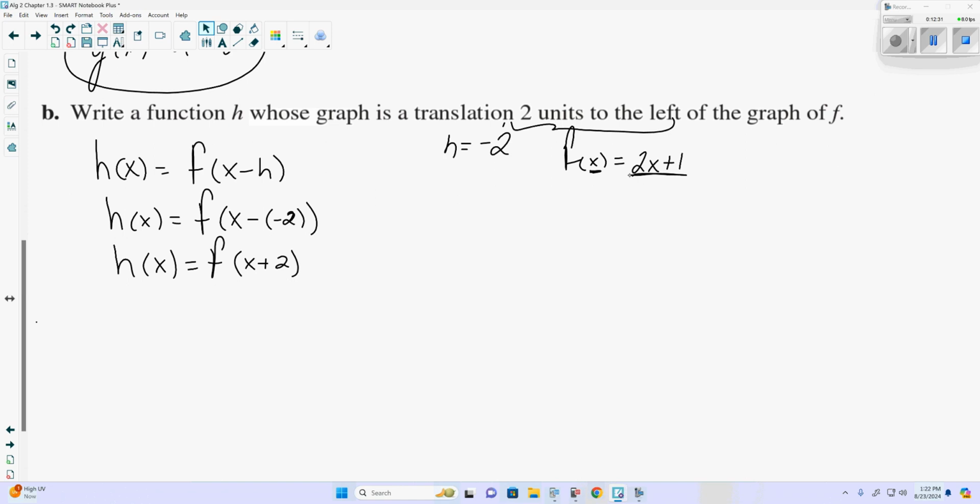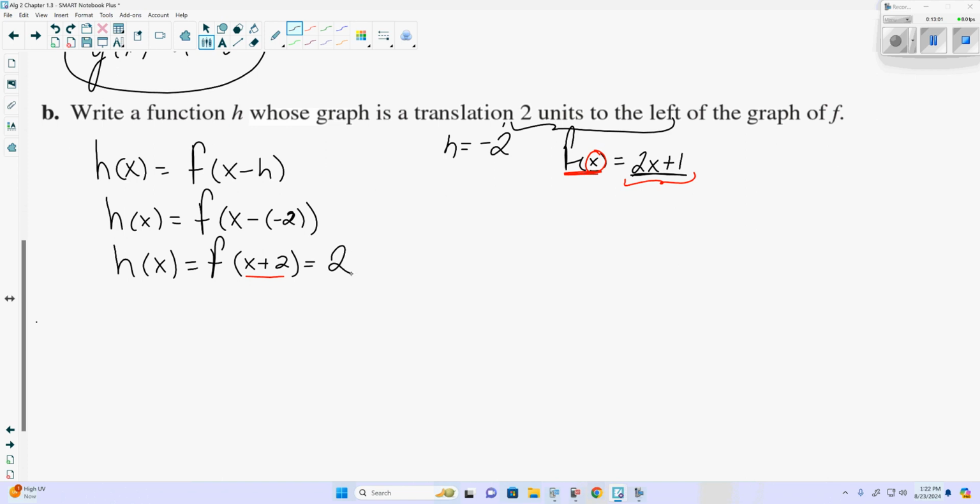It is x plus 2. So what I've done from this function f of x is I've changed this x to what? I changed it from x to x plus 2, yes? Which means every x in this function now has to change from x to x plus 2. Everything else is going to stay the same.